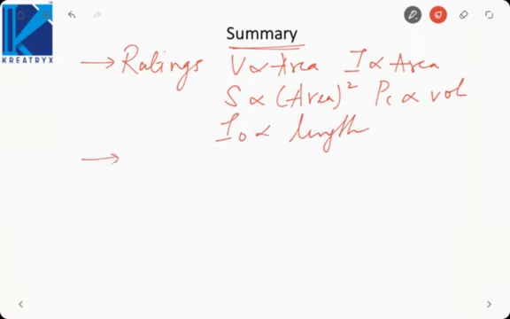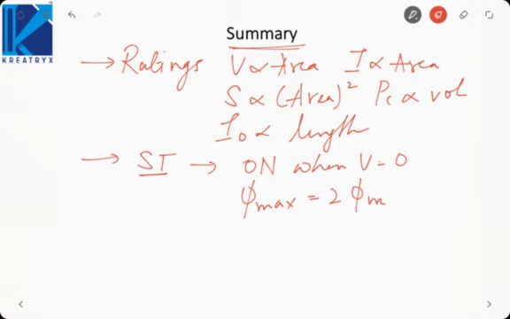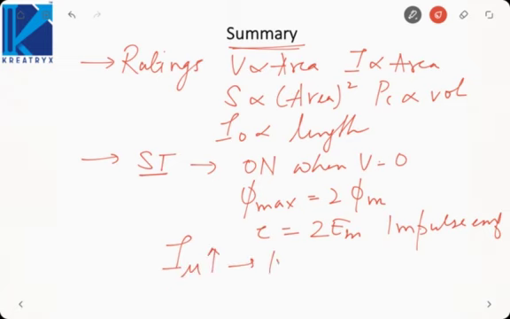Then we saw switching transient. In switching transient we saw if you switch on when voltage is 0, maximum flux becomes 2 phi m, which is doubling effect. So induced EMF also becomes 2 times EMF, which is called as impulse EMF, due to which high magnetizing current, which is called as inrush current.